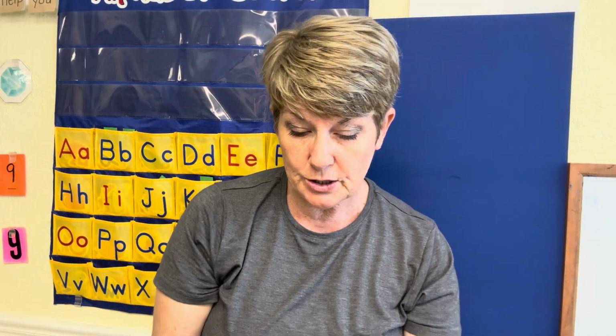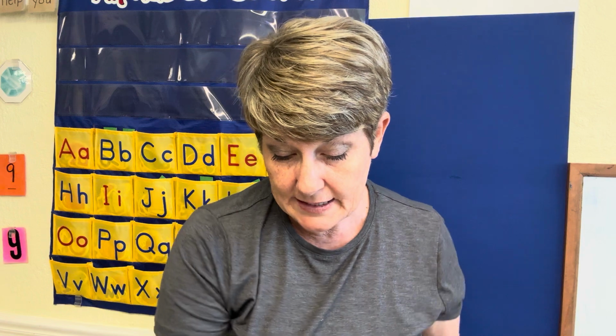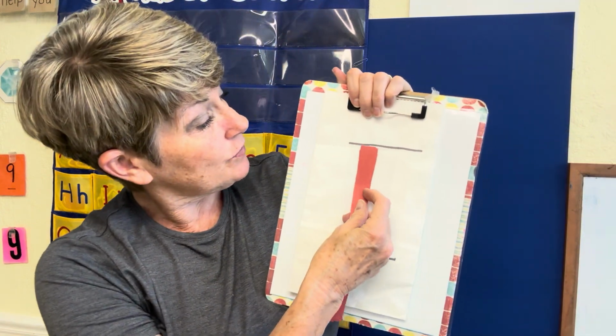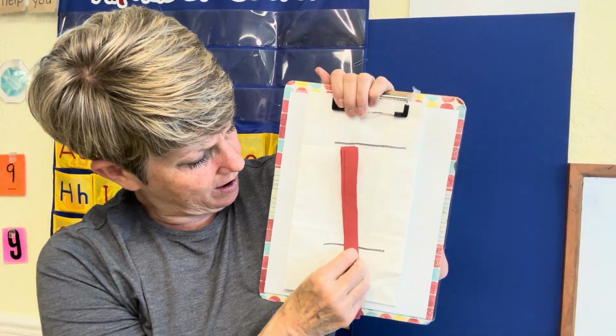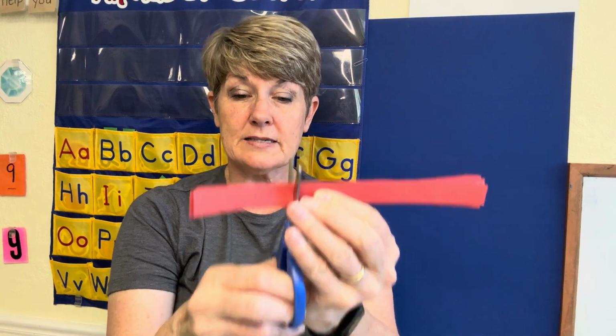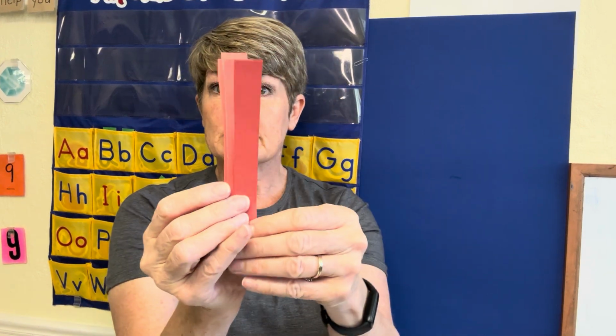So I'm going to cut them because I want them to fit on here so they can go from there to there. I'm just going to cut off some pieces. Now I have some short ones.